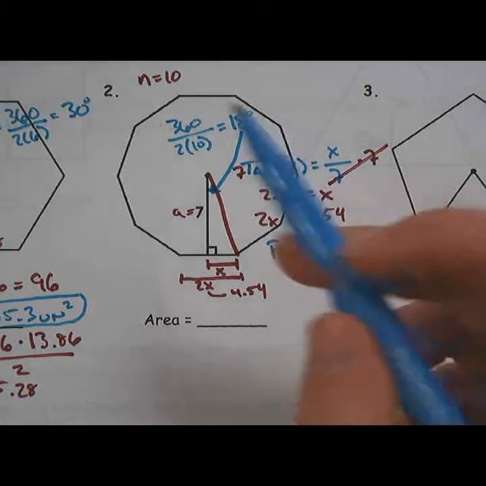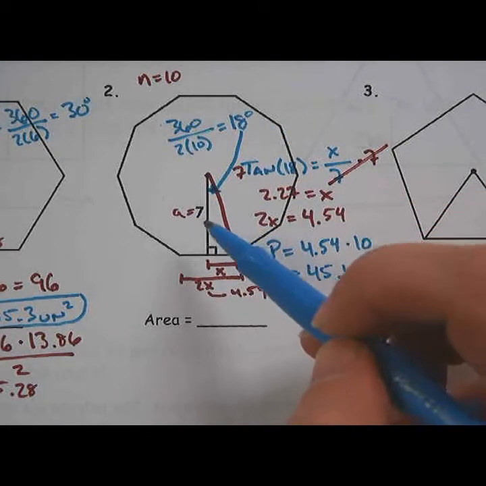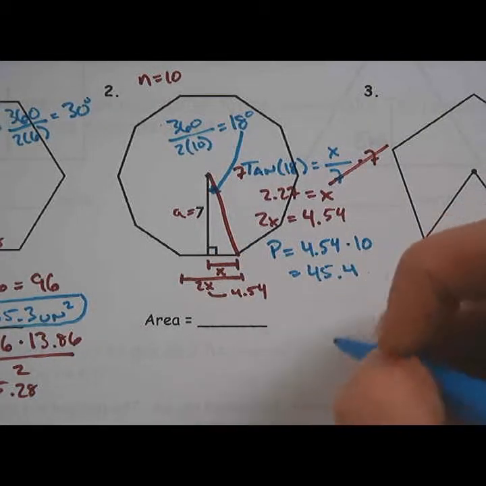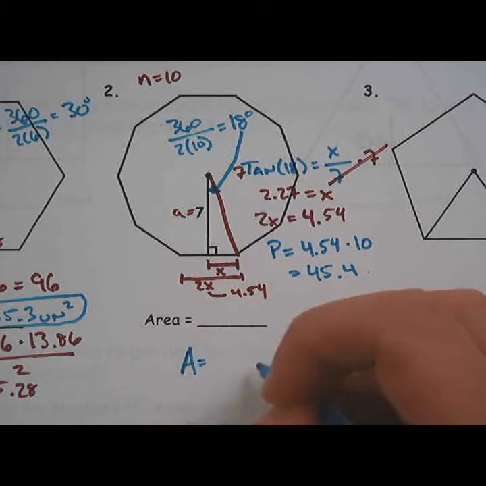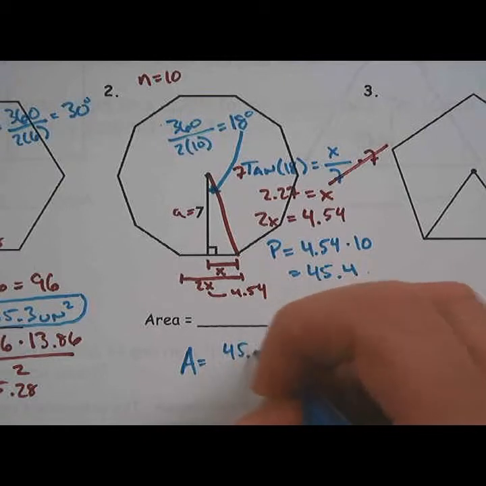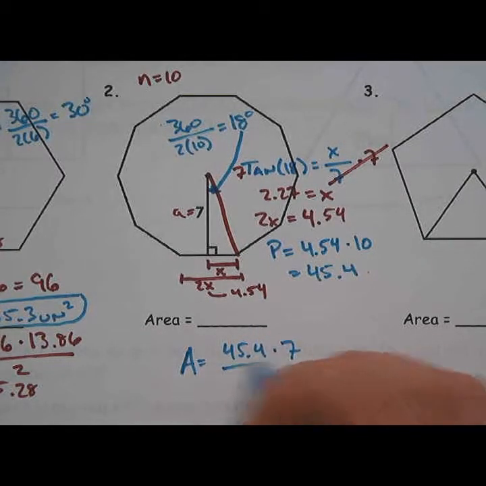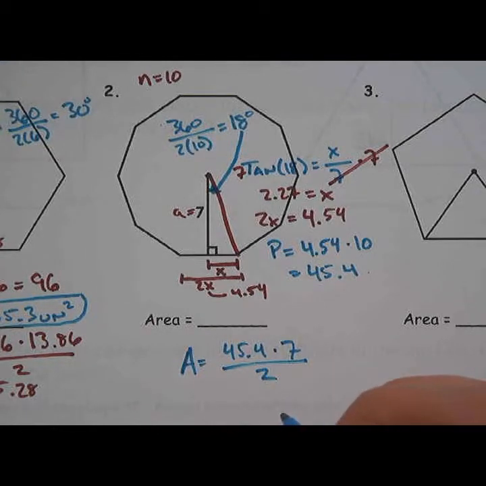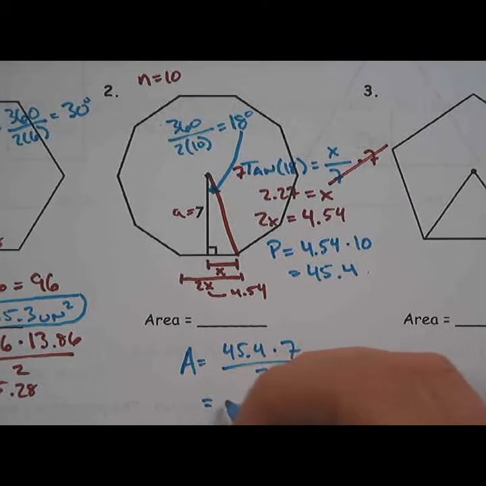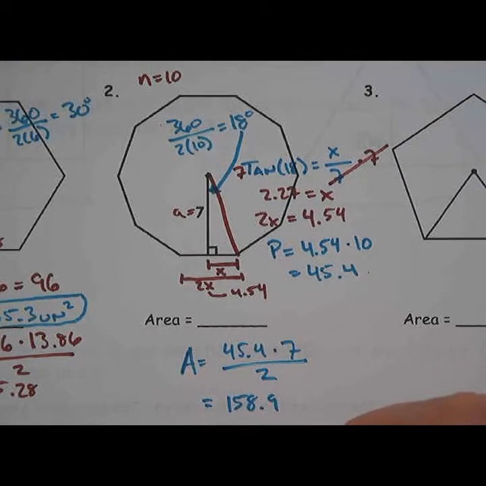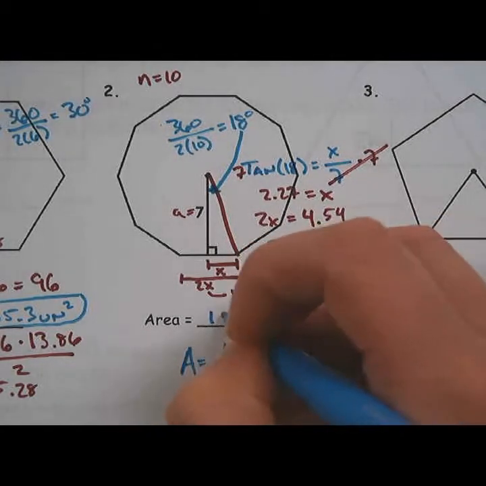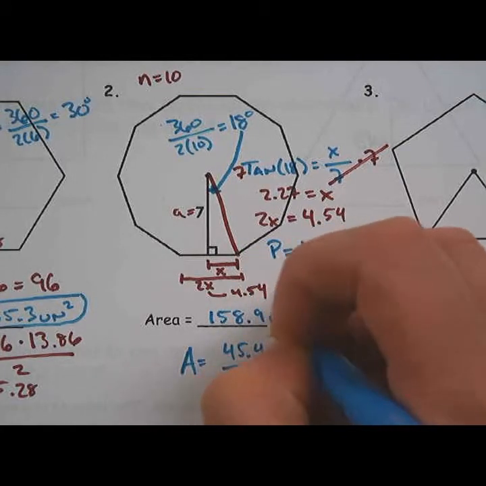So now my perimeter is 45.4, my apothem is 7, so my area is perimeter 45.4 times apothem 7 divided by 2. And this gives me 158.9. So my area is 158.9 square units.